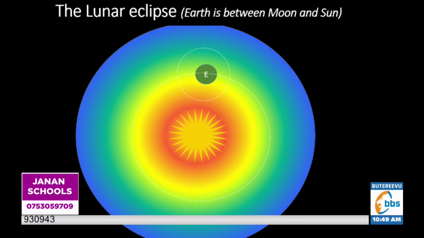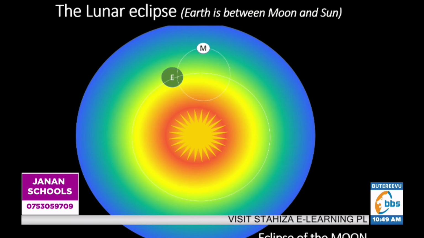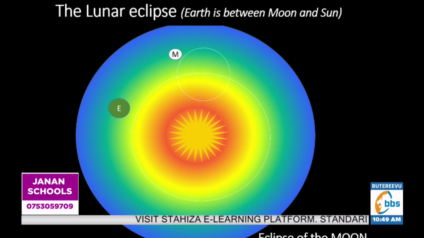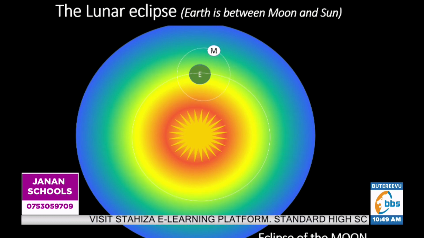So we have the earth, we also have the moon. And I told you the moon revolves around the earth and the earth revolves around the sun, or it orbits the sun. Is that okay?